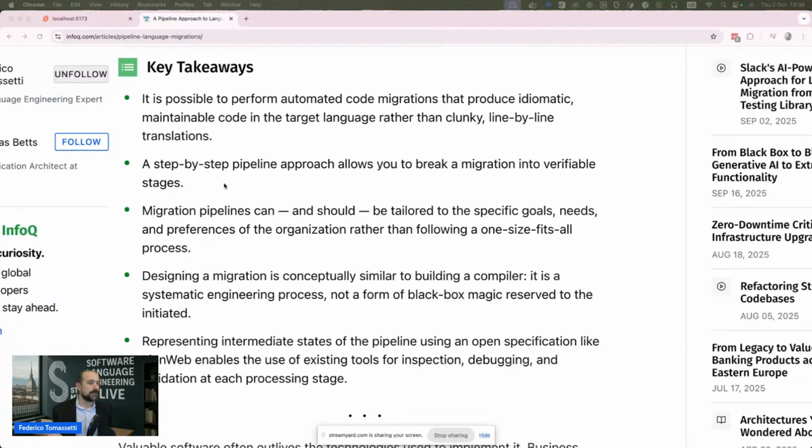Pipelines are the contrary of that, because they're based on an algorithmic approach, and they permit you to inspect what is happening at each stage, so that if there is a problem, you can spot it, correct it, refine it, and continue.